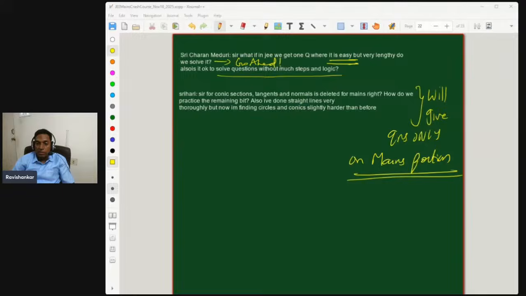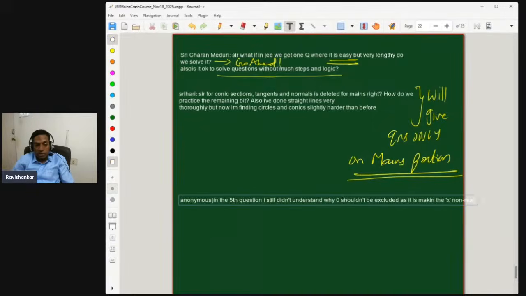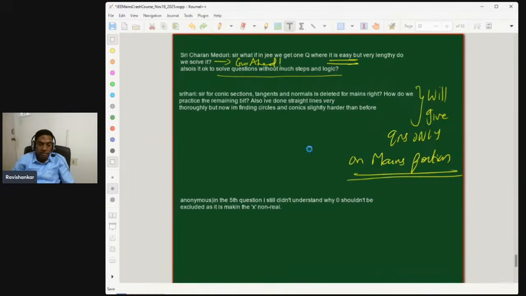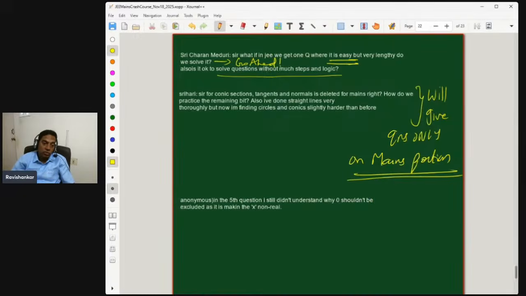Anonymous has asked, for the fifth question, I still don't understand why 0 shouldn't be excluded as it is making the x non-real. No. y equals 0 gives x equals 0 as a real solution.